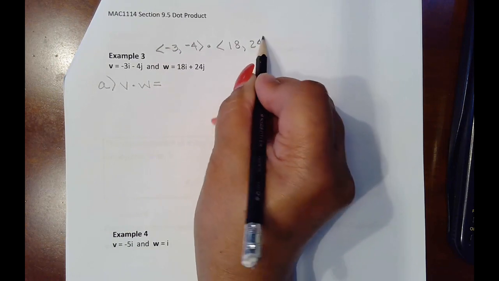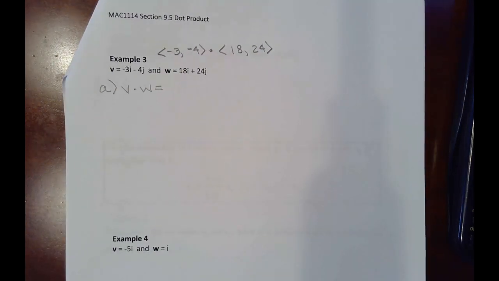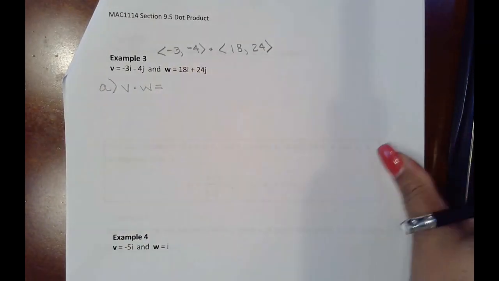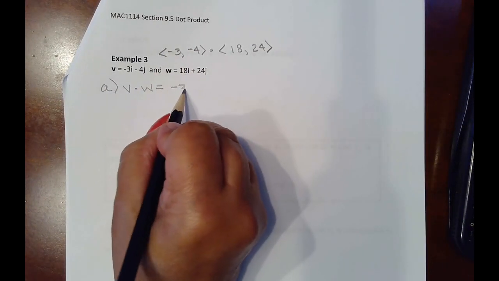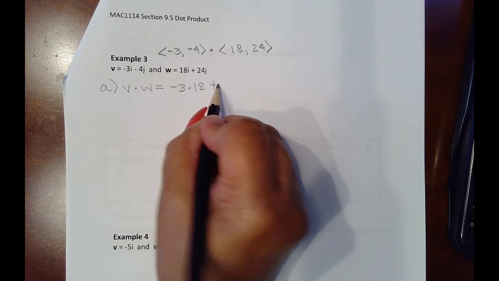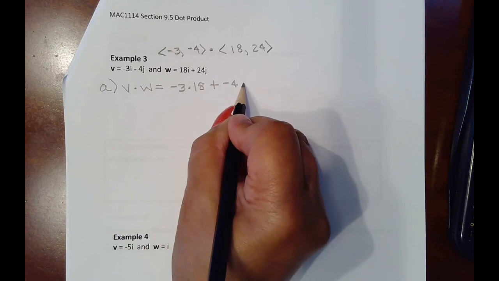18, 24. To me, it just makes them easier to look at these. But anyway, it's front times front, so I'll write that out. Negative 3 times 18 plus back times back.